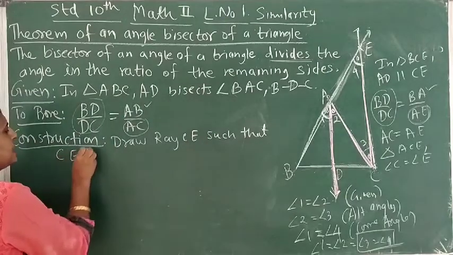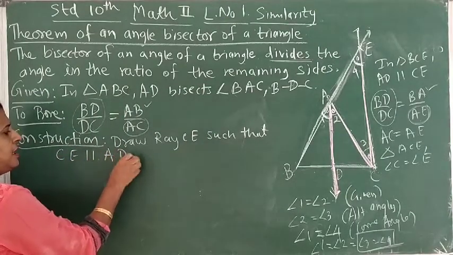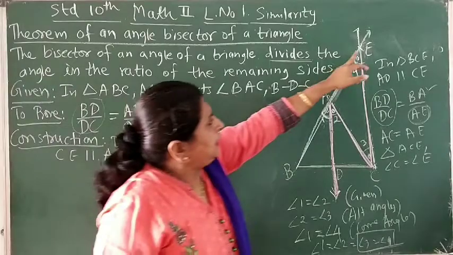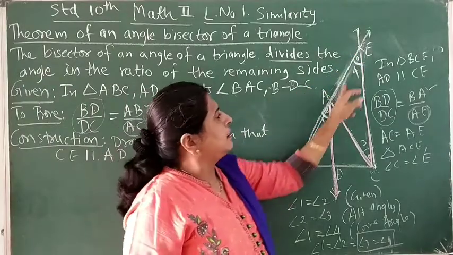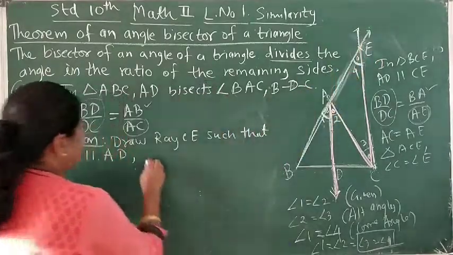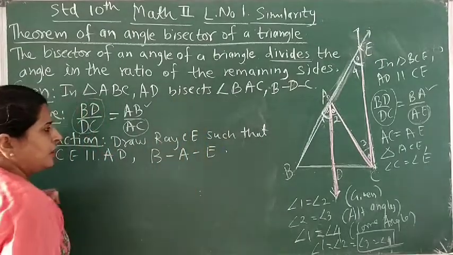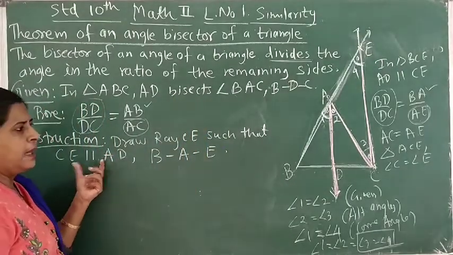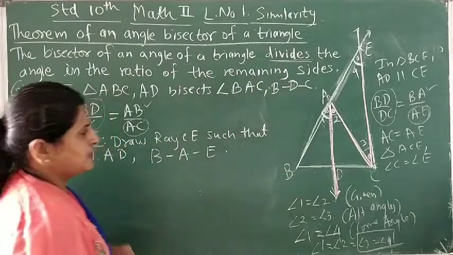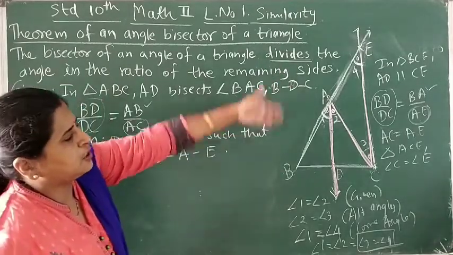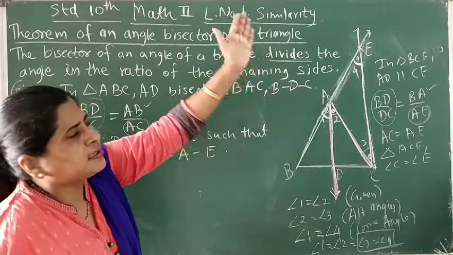So CE is parallel to AD, and one more thing: E is on this extended BA, and it is B-A-E. So we are saying that these two are parallel and these are collinear points, meaning point E lies on BA and it is CE also.